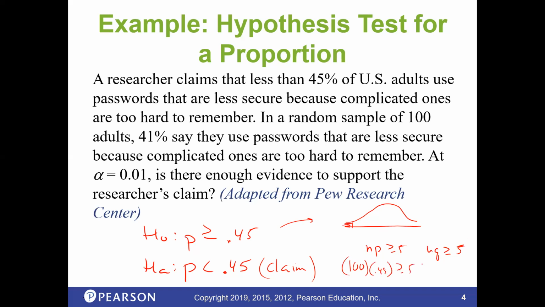Is that greater than or equal to 5? Yeah, that's 45. That's huge. If 45 is the p-value, the q-value has to be 55. 0.55 times 100 gets you 55, greater than or equal to 5. Cool. Are we good there?